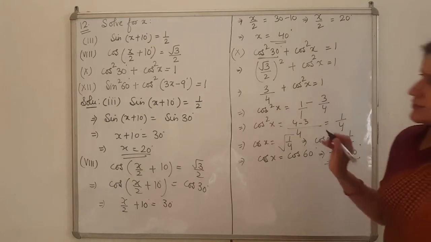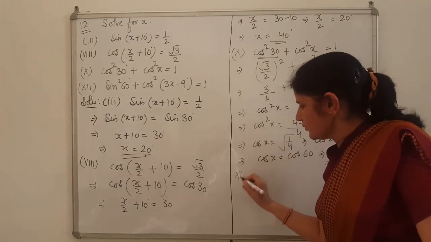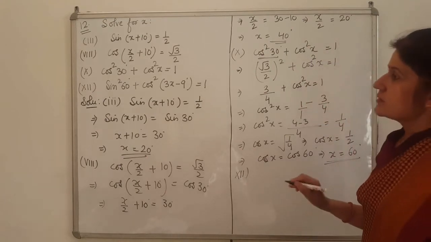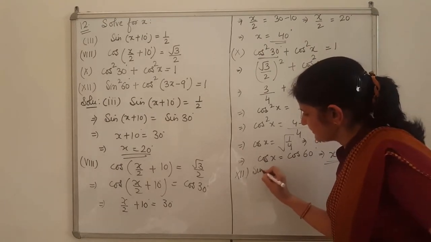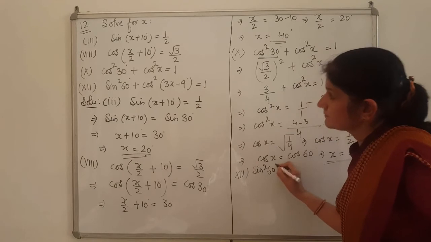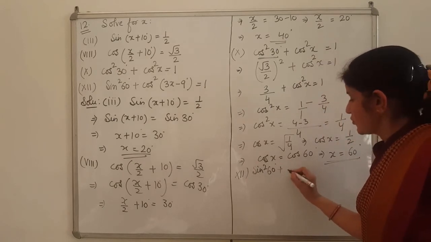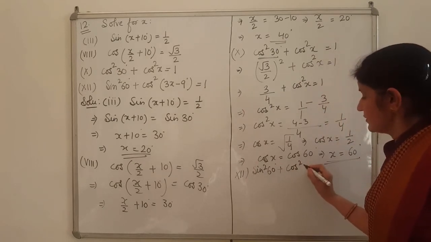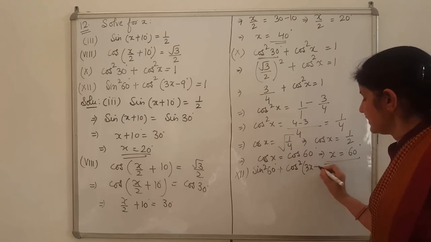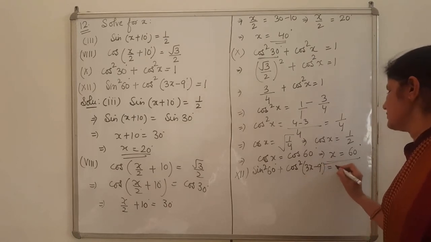Now last part, 12th one, sin square 60 plus cos square (3x minus 9) equals 1.